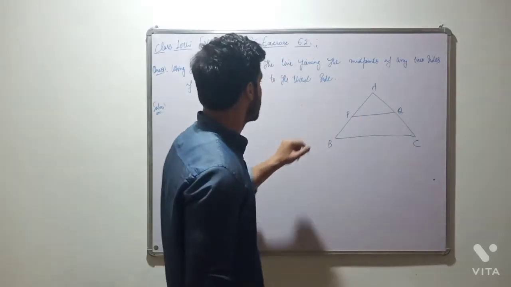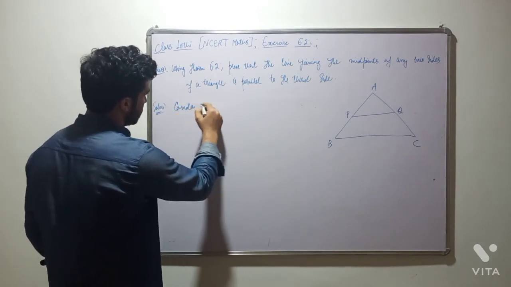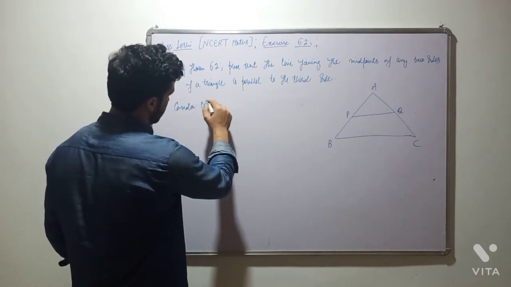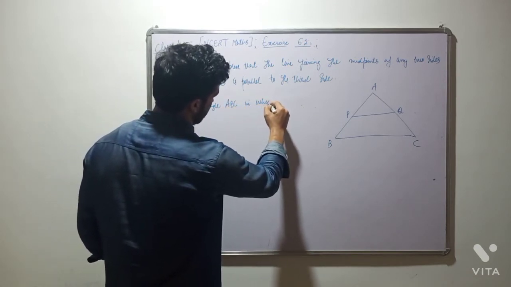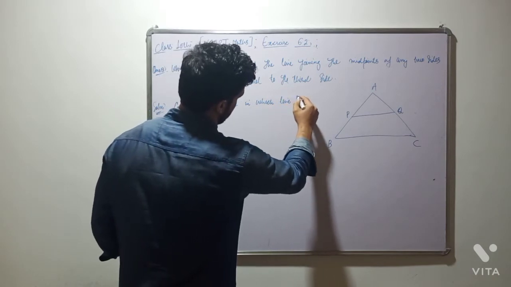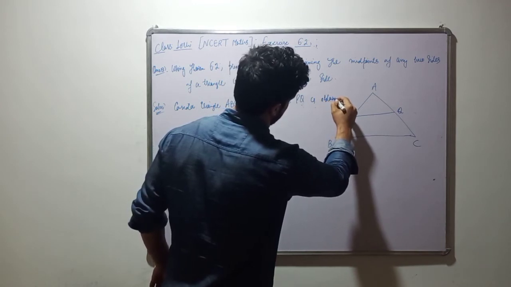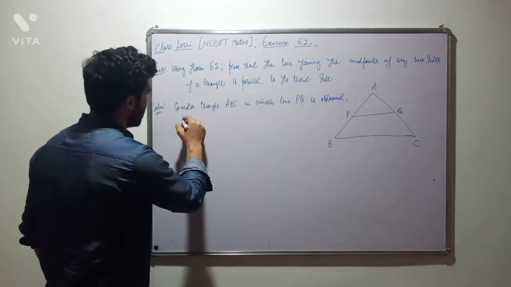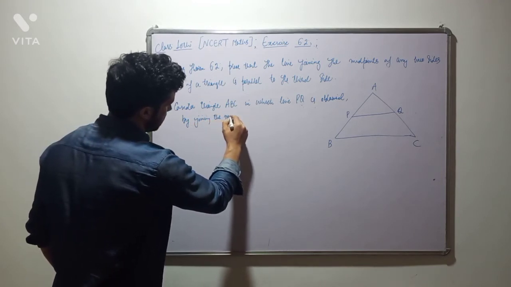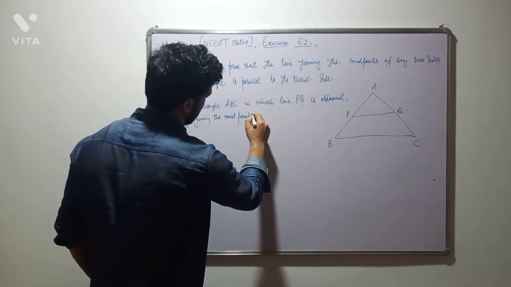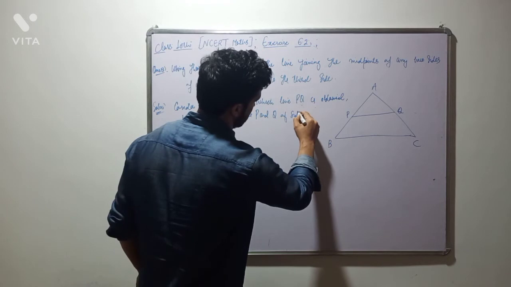ठीक है दोस्त, तो हम यहाँ पर देखिए सॉल्यूशन में हम क्या लिखेंगे, हम लिखेंगे कंसिडर ट्रायंगल ABC in which line PQ is obtained by joining the midpoints P and Q of sides.